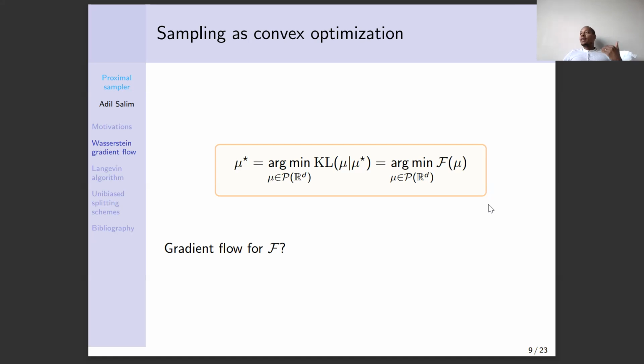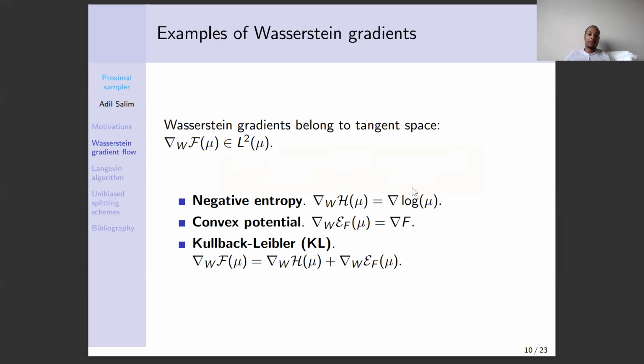Minimizing dynamics in applied math often rely on the notion of gradients. As I told you, the Wasserstein space is not a Euclidean space, so the notion of gradient is not the classical notion of gradient, but still we can define gradients for some functions defined over the Wasserstein space, and I will give some examples. First of all, the gradient of a functional F at mu will be an element of L2 of mu.